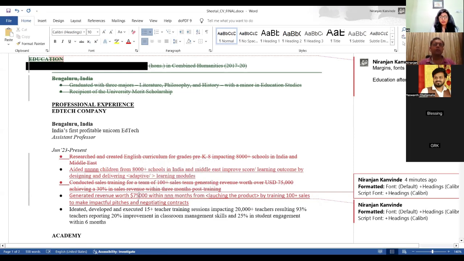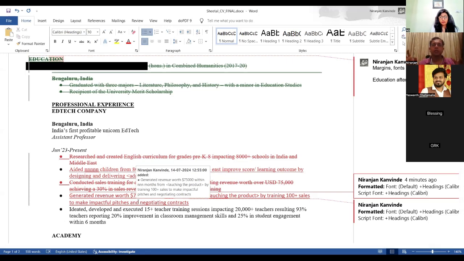If you launched a new product and within 6 months added so many business accounts, and your other job was just managing a few existing accounts and adding revenue, even if the dollar value is higher on the sales side, in your goals essay, if you're saying that you're a product manager who wants to launch products, then you should start with launching that product and how much revenue you generated.